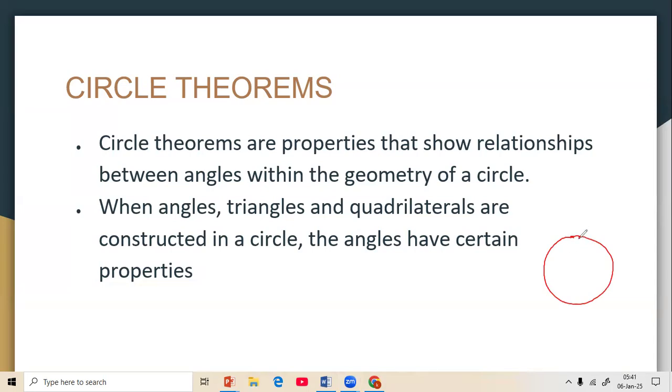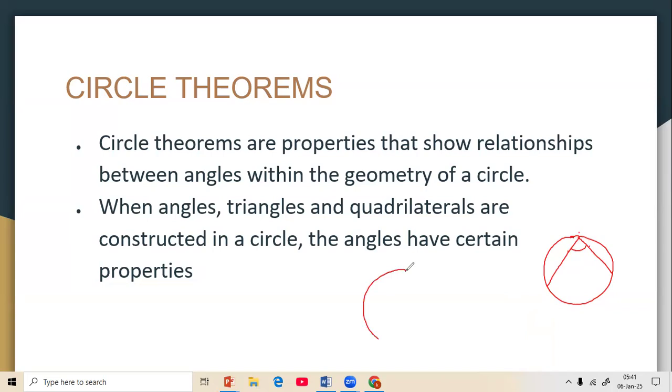Take an example. When I join a line, this is a chord, and I join it to another chord like that, you are going to notice that at this point of meeting, where one chord meets another chord, I'm forming an angle.